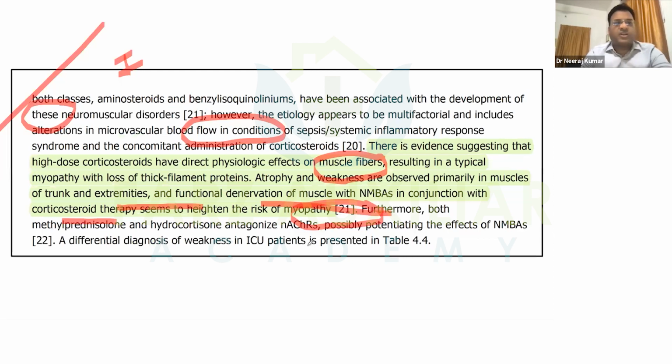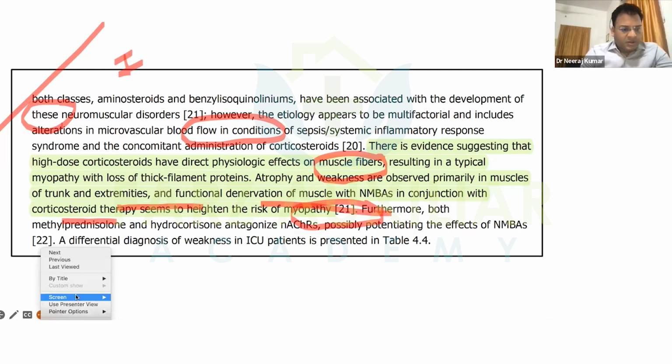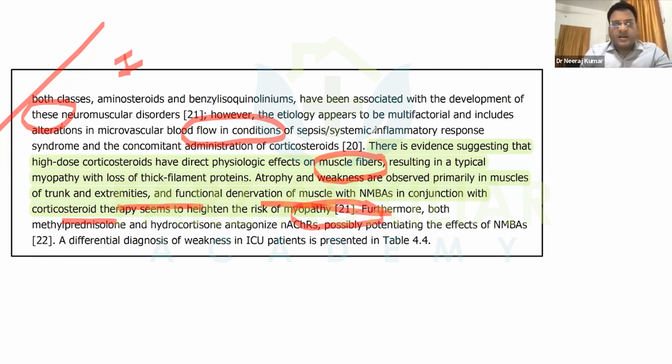Now, the next option is, sorry, I marked all those things, but okay. So let's go, here there is evidence suggesting that these patients, if they received a high dose of corticosteroid, have a direct physiological effect, not indirect physiological effect, on the muscle fiber, resulting in what?